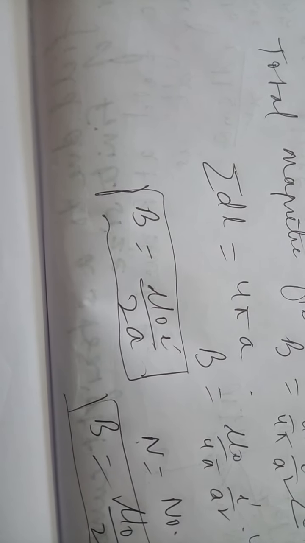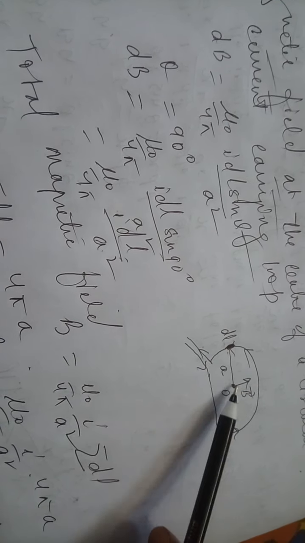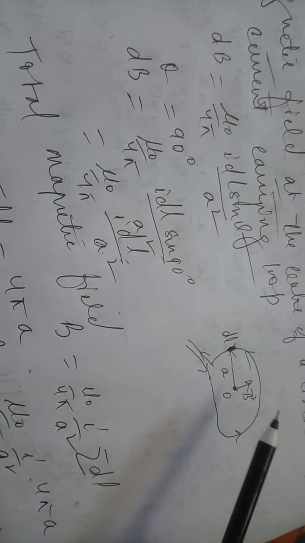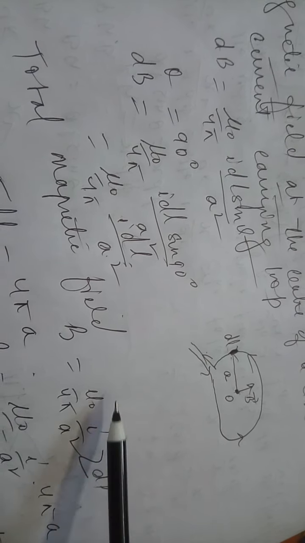And again I repeat, the direction of the magnetic field, B vector, is perpendicular to the plane of the coil, directed upward. We have applied the right hand palm rule. I hope you have understood.